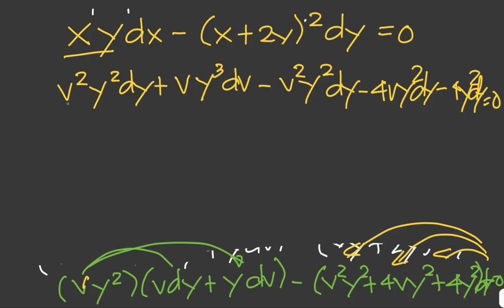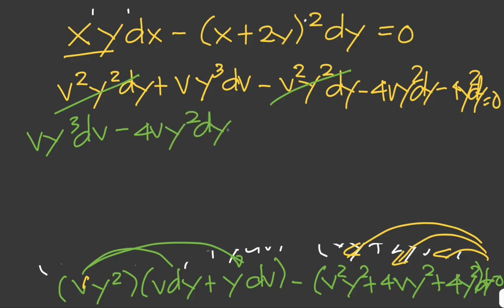And this one cancels out. So that is v squared y squared dy minus v squared y squared dy. And then we're left with vy cubed dv minus 4vy squared dy minus 4y squared dy equals 0.